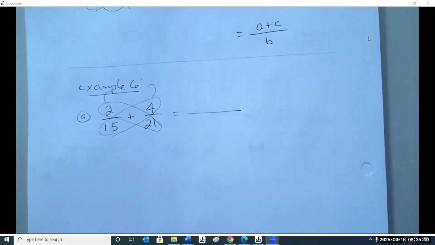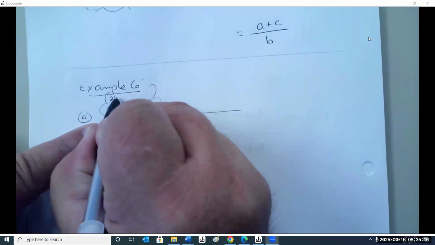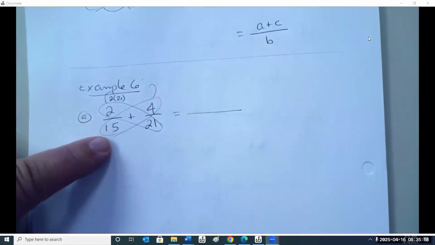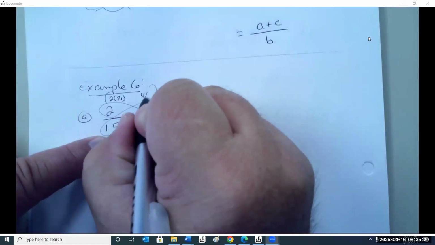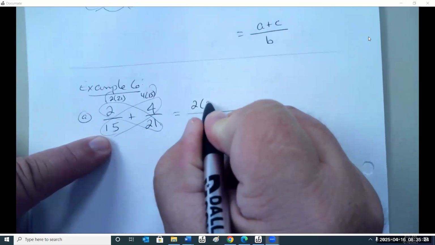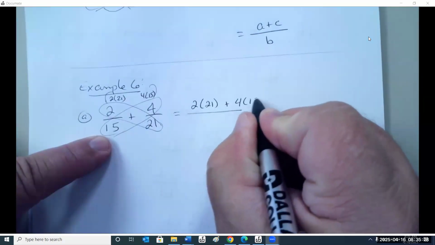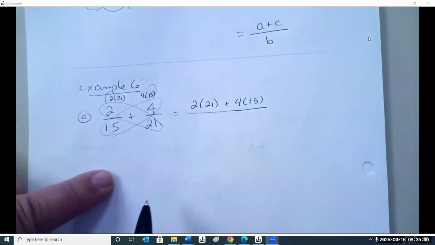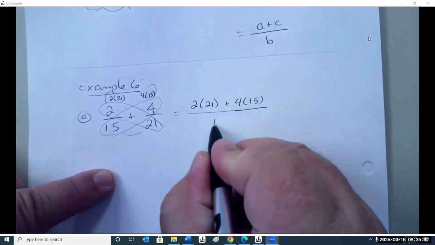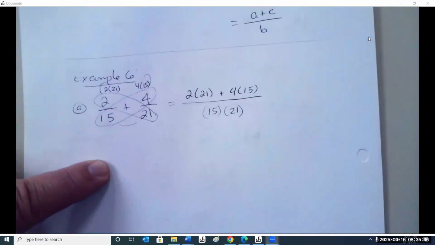These are big numbers, aren't they? So let's not multiply them together. So up here would be 2 times 21. This would be 4 times 15. So we have 2 times 21 plus 4 times 15. And on the bottom, we have 15 times 21.